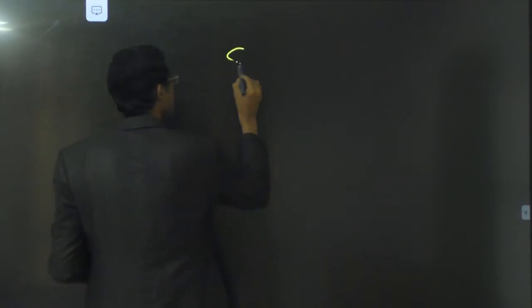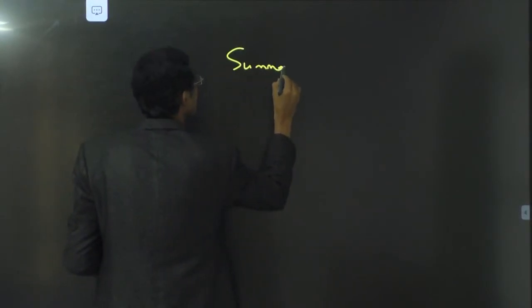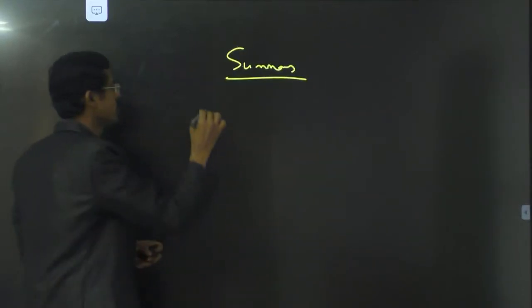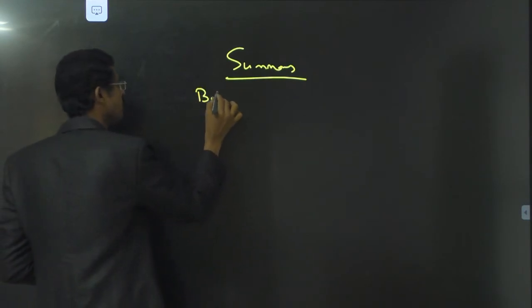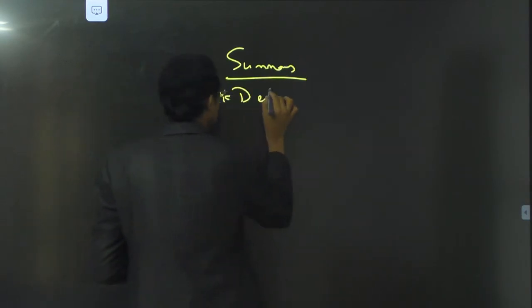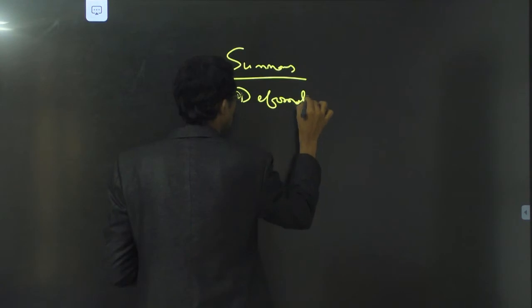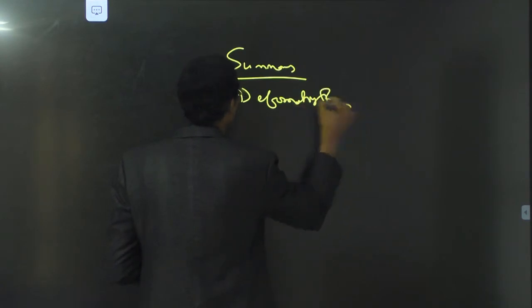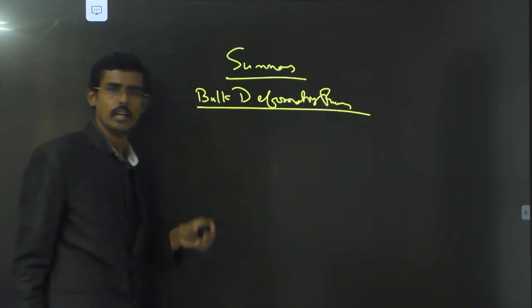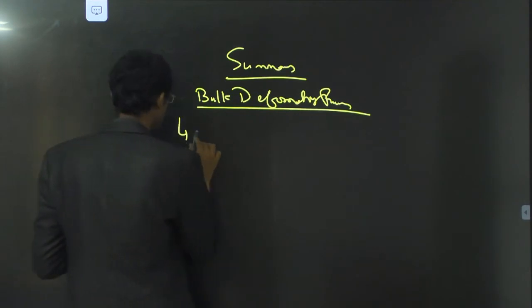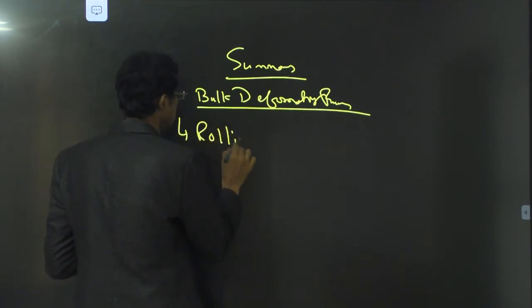So the summary. In today's class we have seen about the bulk deformation process. In this bulk deformation process we started with rolling.